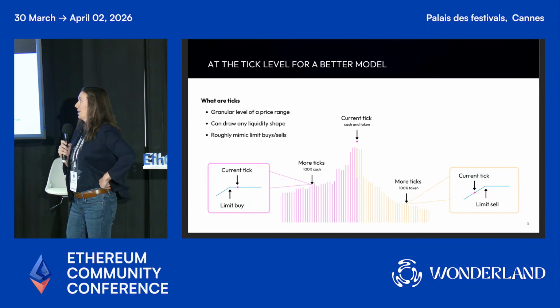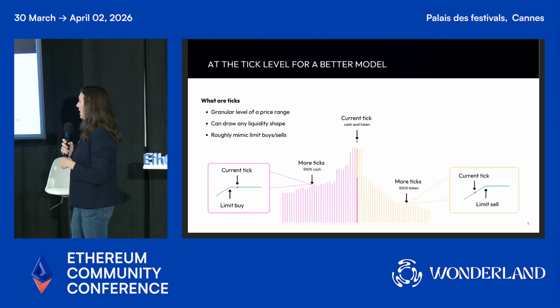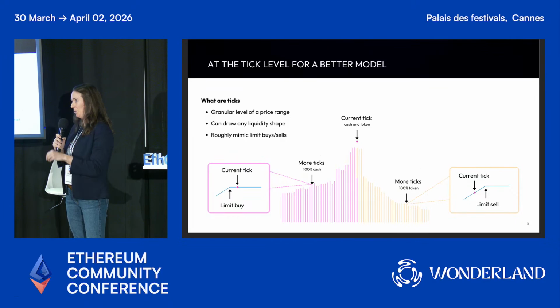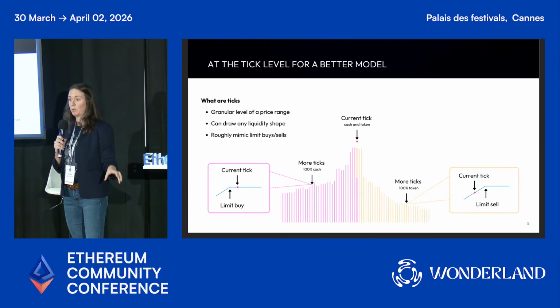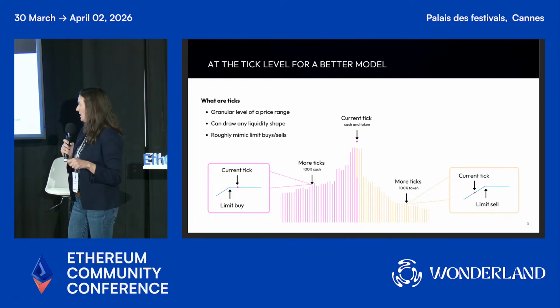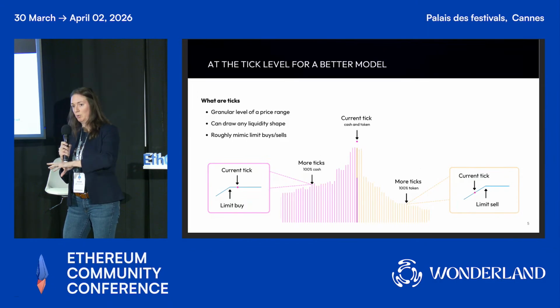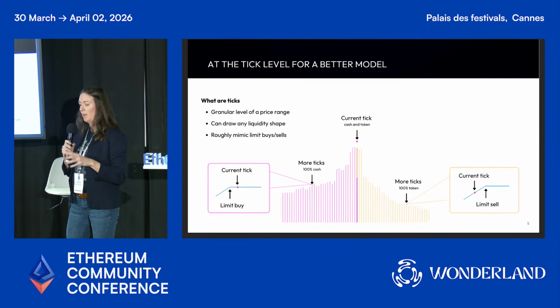So in order to get some more intuition about how to think about it this way, let's take a look at what happens if I put liquidity in a single tick. If I'm going to put all of my capital in a tick that is at a price much lower than the current price, then I'm taking cash, assuming here that the pool is between a stable coin and a token. I'm taking that cash and I'm putting it in the tick.